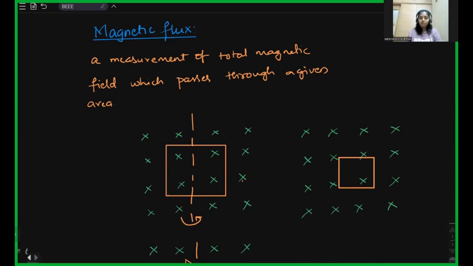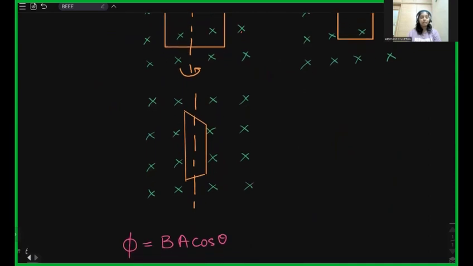So what I can rather do is rotate the particular area so that the number of field lines passing through the area gets reduced. When it is like this, the number of field lines going through it is a lot more.